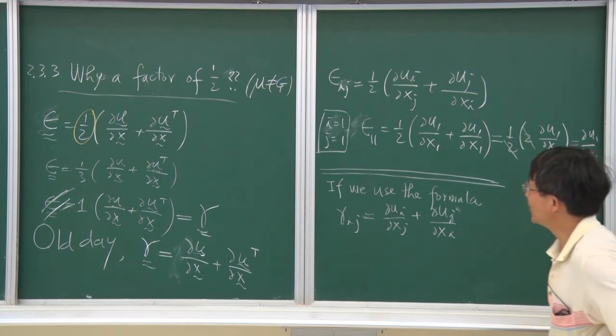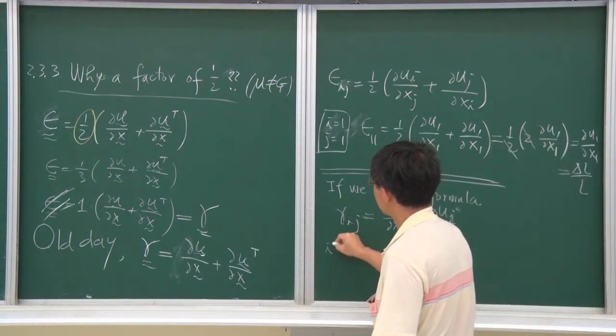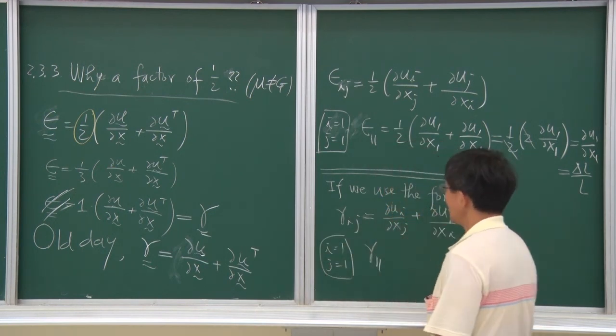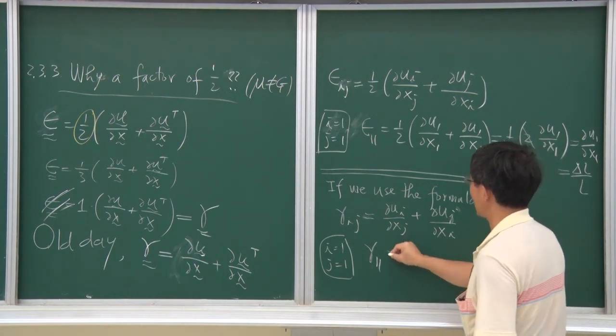Not very natural. Namely, in the one-dimensional case, we have lambda 1.